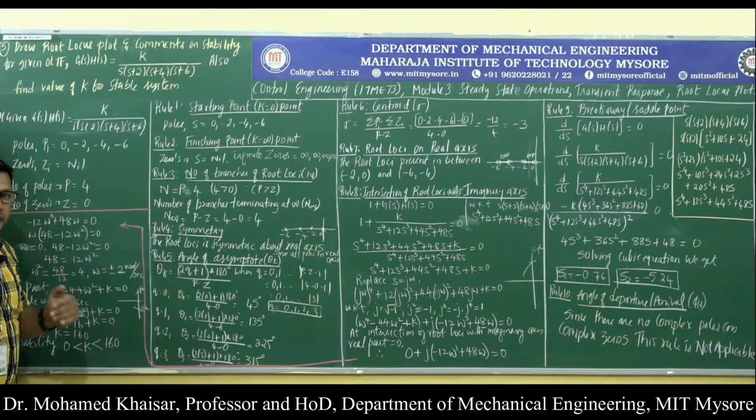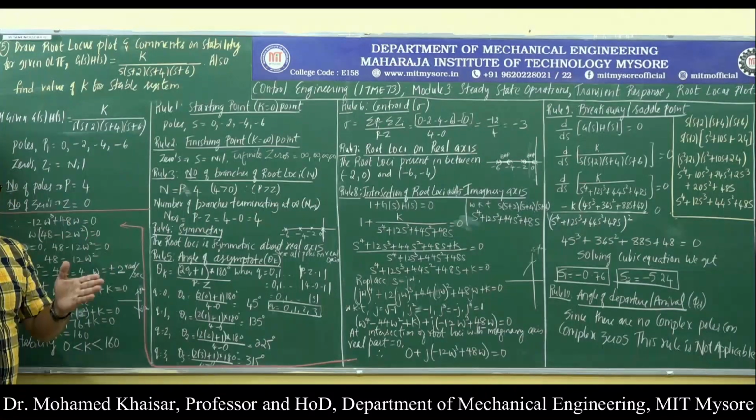So as long as the value of k is less than 160, but obviously greater than 0, because when there is no input you cannot even imagine the performance of the system. So above 0, but up to 160 as the value of the gain, the system continues to be stable.